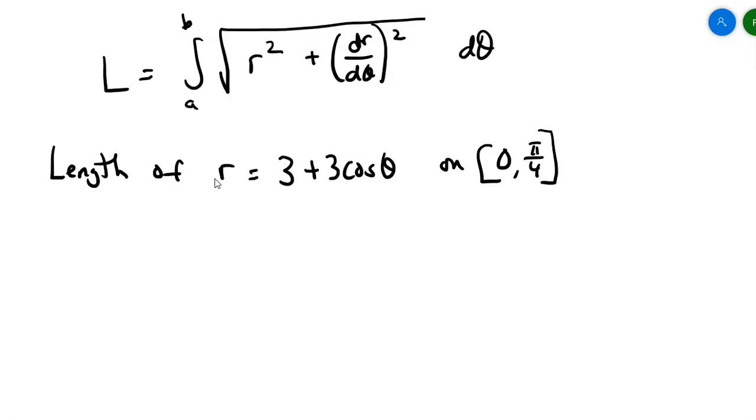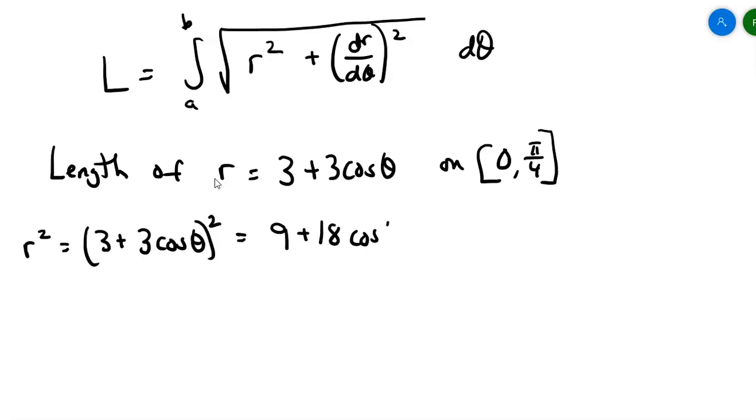All right, so r squared, let's work on the side for a little bit. r squared is going to be this term squared. So 3 plus 3 cosine theta squared, which if I expand that out will give me first term squared, 2 times the inside, and last term squared. And then dr d theta is just going to be 3 sine theta, except with a negative, right?